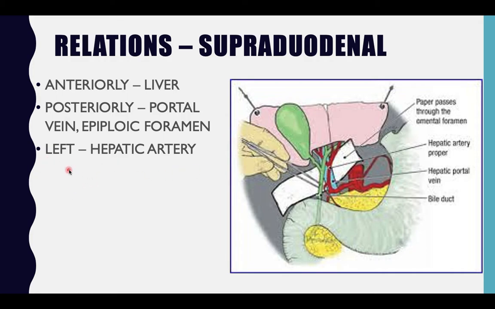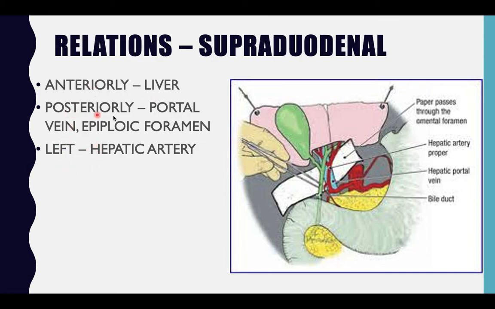To the right, there is no structure because it is present in the right free margin of the lesser omentum. I hope you remember the class of the lesser omentum and its contents. The lesser omentum has a right free margin which is the boundary of the epiploic foramen. There the bile duct is present, that is the supraduodenal part of the bile duct, where it has only the left relation, there is no right relation.